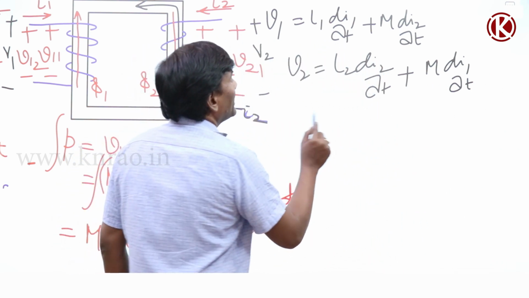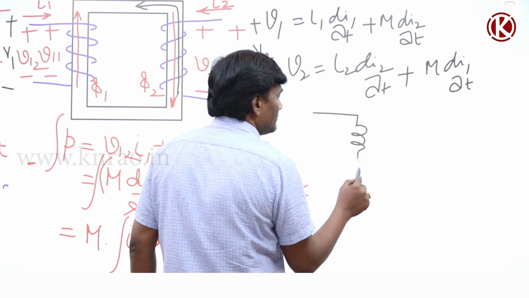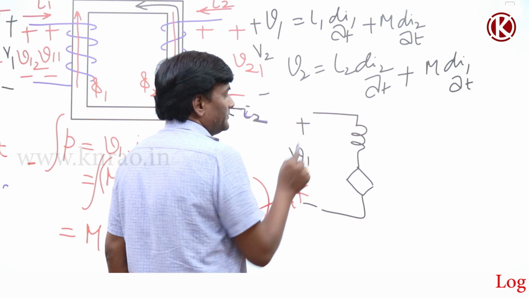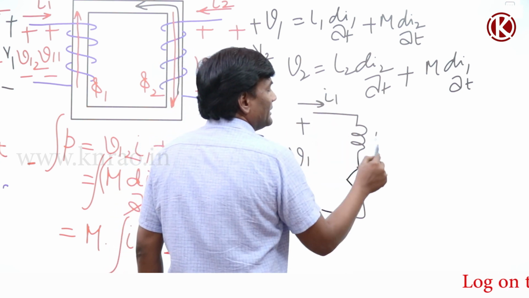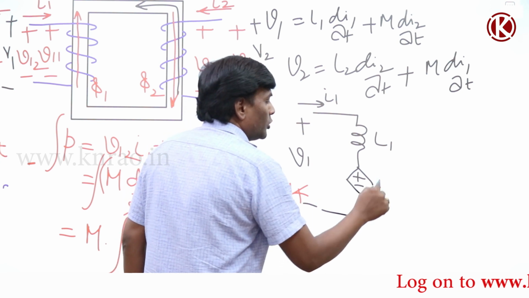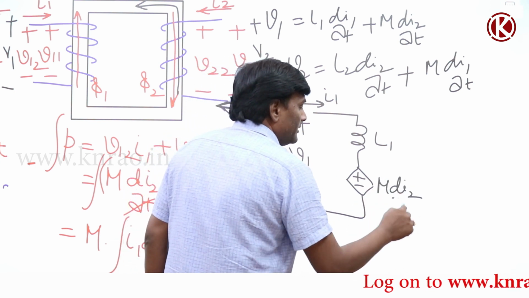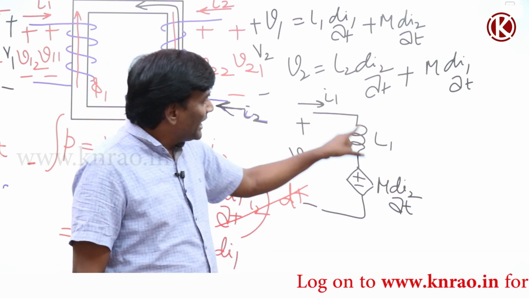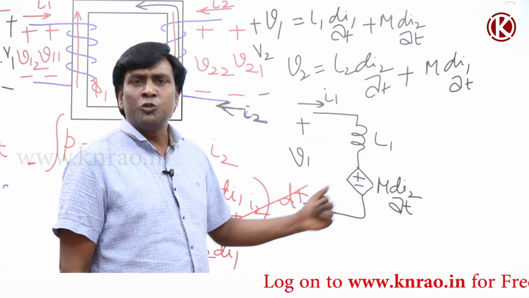Okay, so let me draw here. This is V1, this is I1, and this is L1, and plus minus, this is going to be M di2/dt, such that minus V1, or V1, equals L1 di1/dt plus M di2/dt.